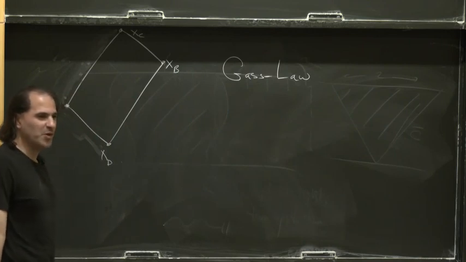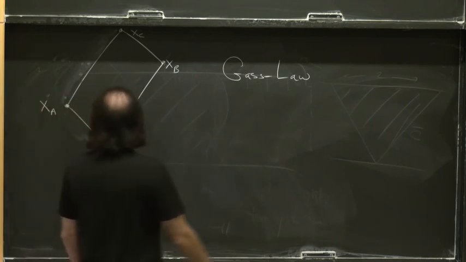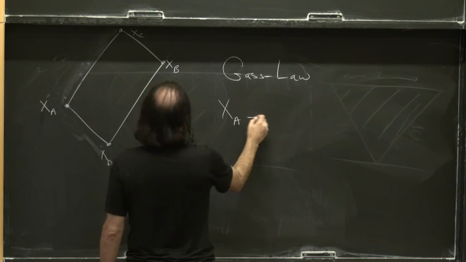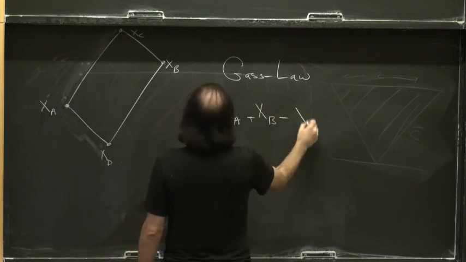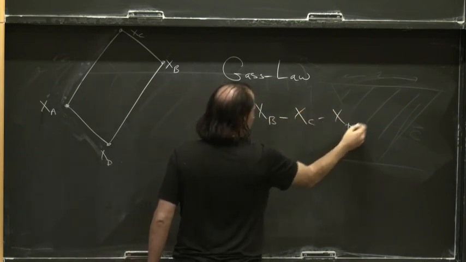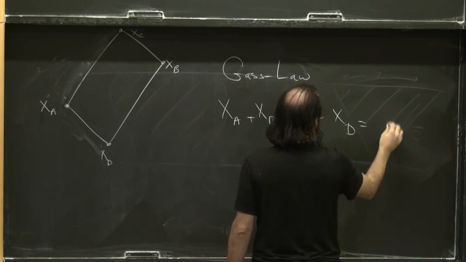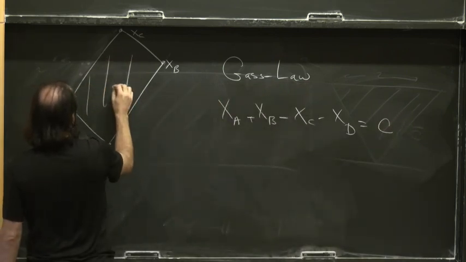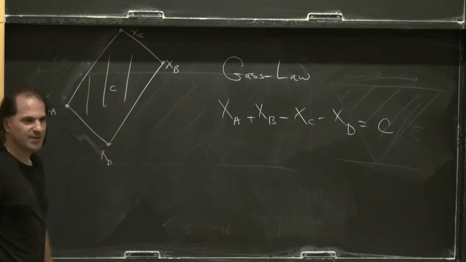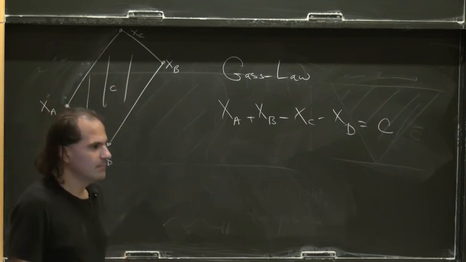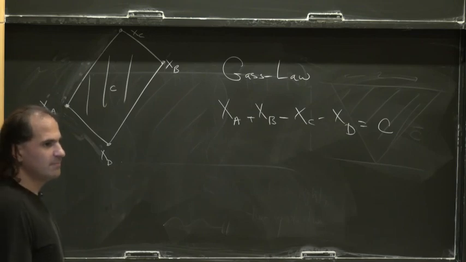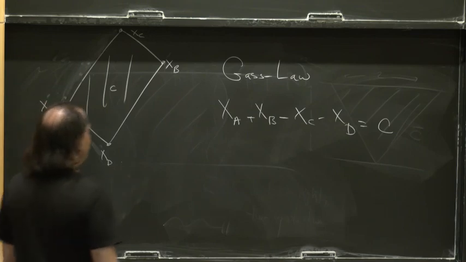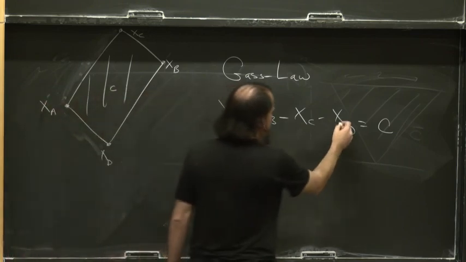The integral form of the wave equation is very simply that X_A plus X_B minus X_C minus X_D is equal to the total current, the integral of c on the inside of this diamond. Okay? That's very easy to derive.